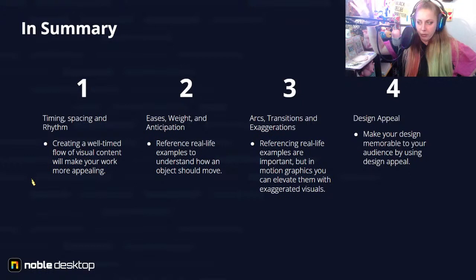Number three, you have your arcs, transitions, and exaggerations, also referencing real life examples, but in motion graphics, you can elevate them to an exaggerated visual to really elevate the visuals overall. Okay, I think I worded that weird, but I think you get the point. So taking and referencing real life examples, but just elevating them by exaggerating them. How about that?